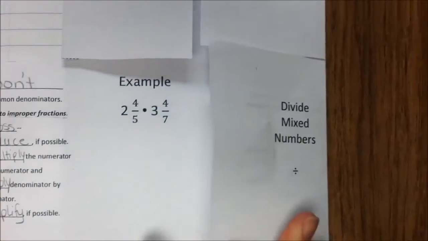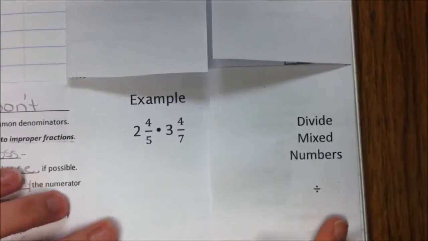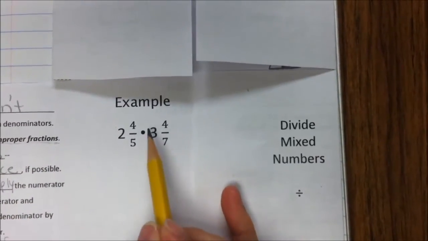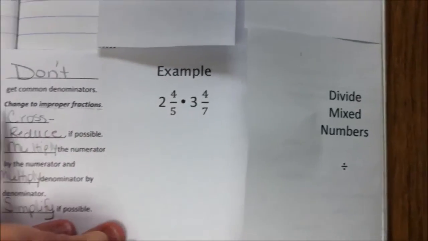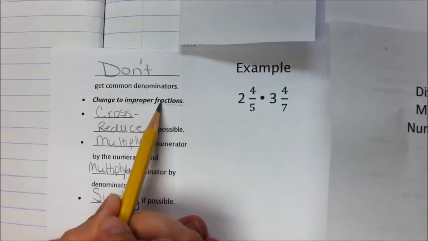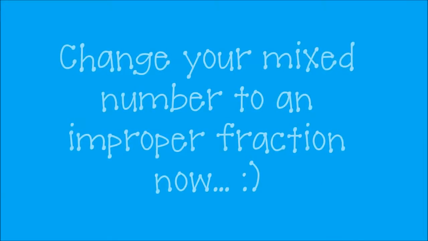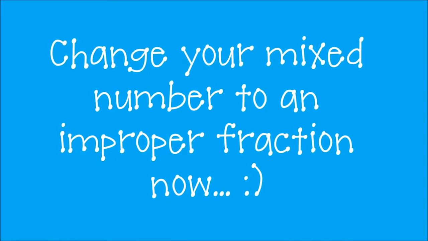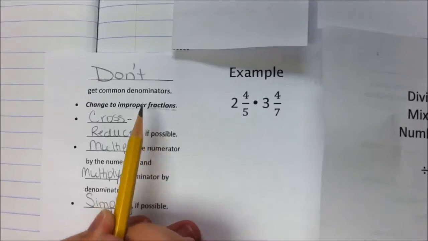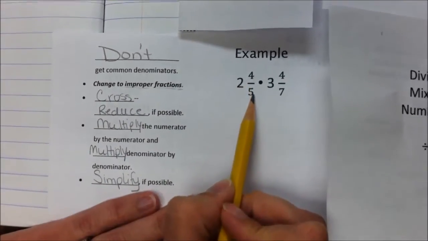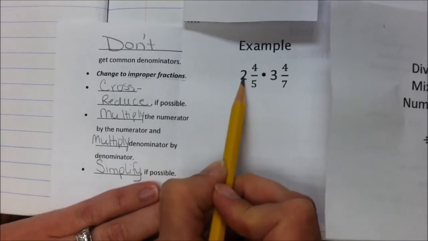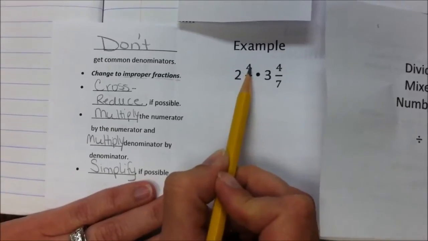Okay, so we're going to go to your first example, which is 2 4/5 times 3 4/7. We do not need common denominators, but the first step then is to change the mixed number into an improper fraction. And so when you do that, you go to 2 4/5, and if you remember, you multiply 5 and 2 to get 10, and then you add the 4.